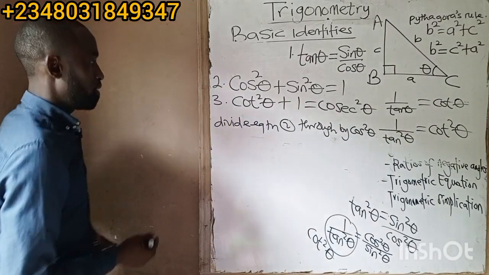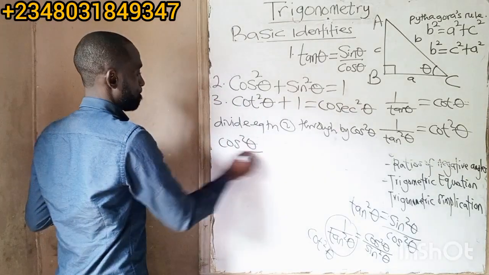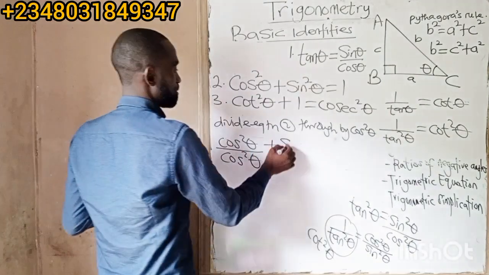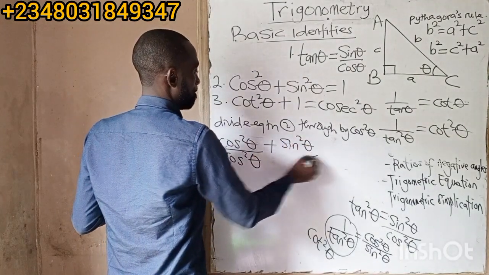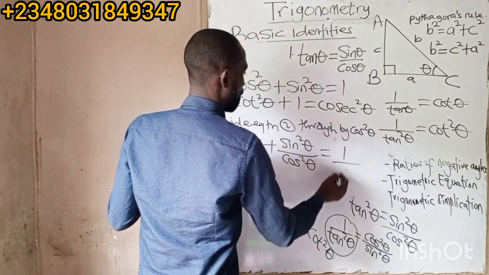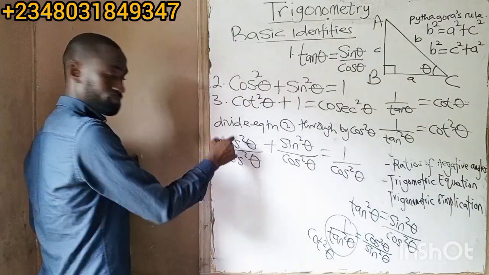So this one becomes cos square theta all over cos square theta plus sine square theta all over cos square theta equals to what? 1 over cos square theta. This one equals 1.